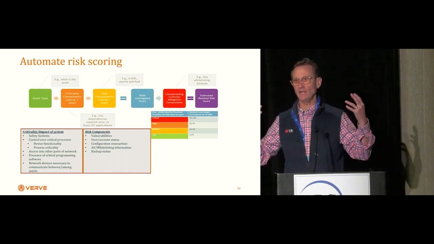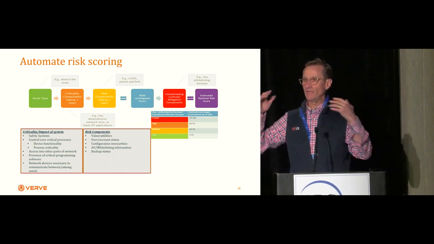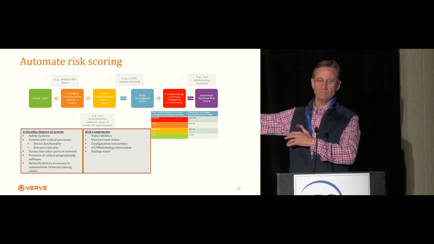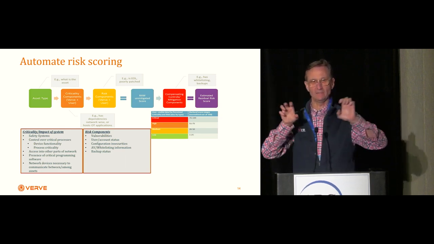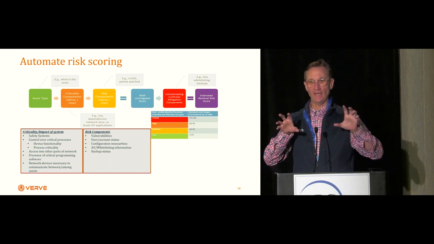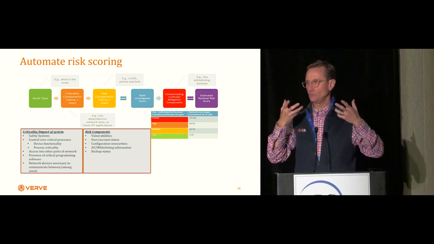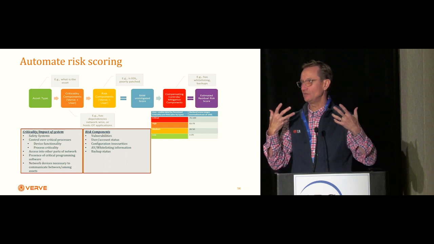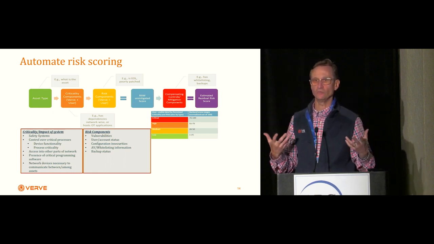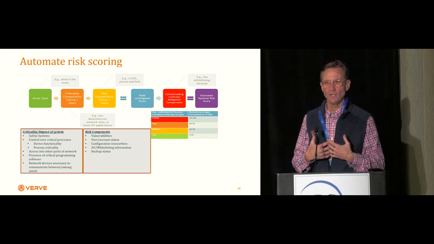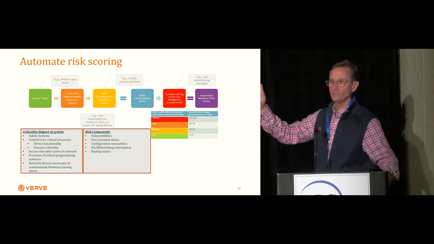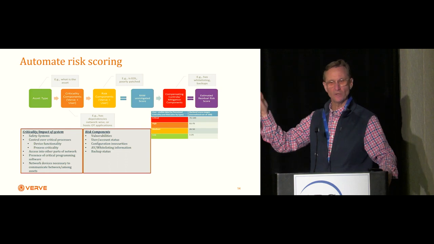So then once we get all that data in, well, that's great. I got a ton of data. What the hell am I going to do with all this? And that's where the automation really starts to come in. I can say, okay, I have all of that data in one database. And then we can build models within Verve that actually tell you where the greatest risks are. And so we've essentially built automated risk scoring of these assets. What that does is it takes an asset type, for instance, HMI, PLC, whatever.